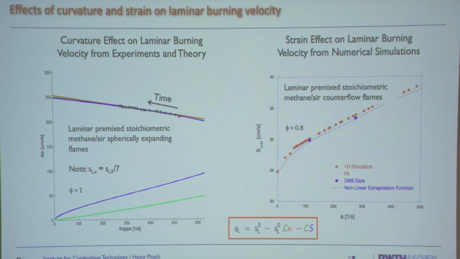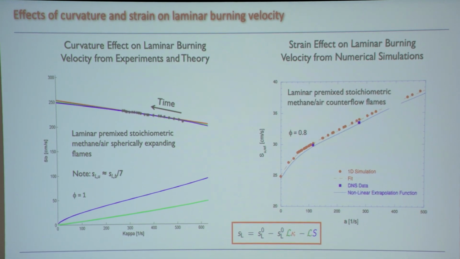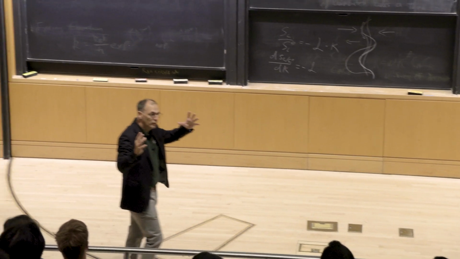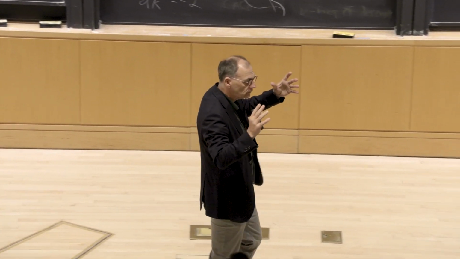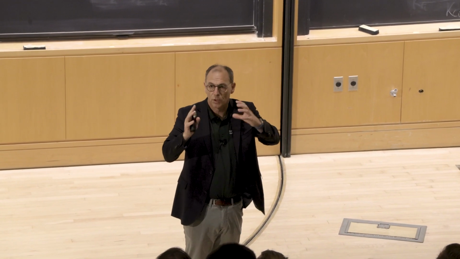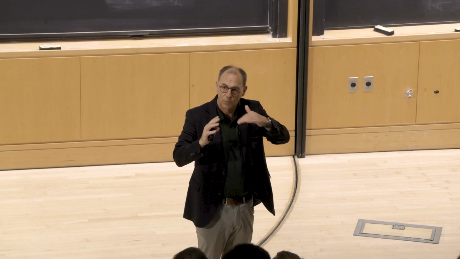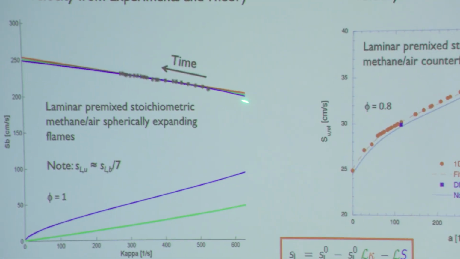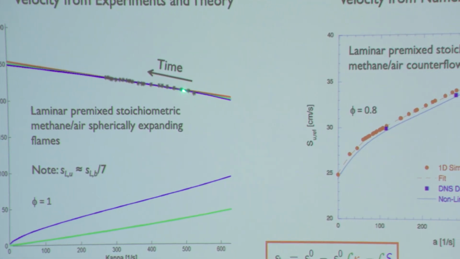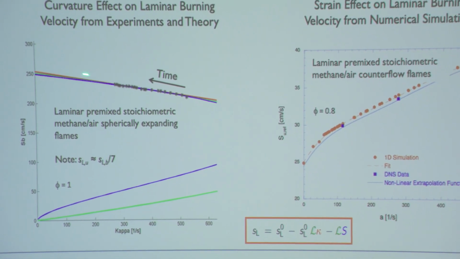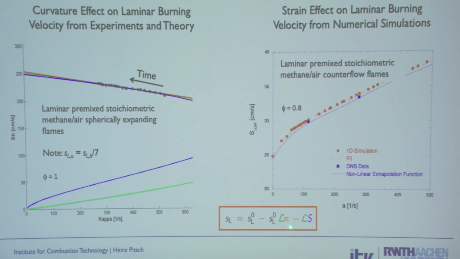And then while the flame grows, the curvature gets smaller, and so you move this way, and this here is roughly where either the flame moves outside the visible field, or in the spherical chamber you start compressing the unburned gases, pressure goes up, and then you don't use the data anymore. So this goes up. It shows that the burning velocity gets larger, or let's say with higher curvature, the burning velocity is smaller. So that's shown here.